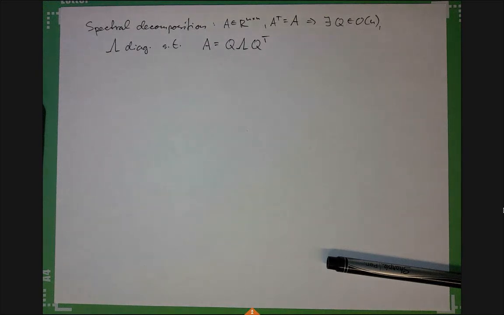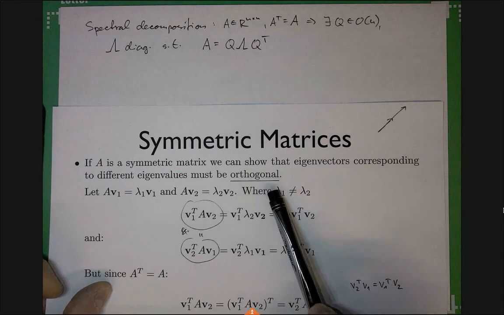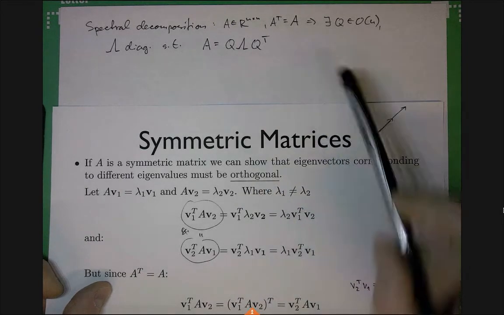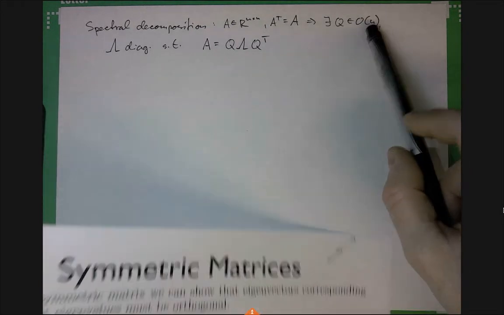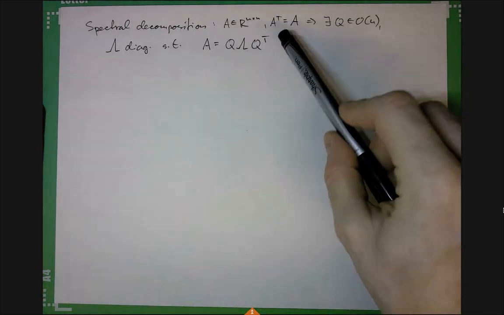But by the previous theorem, because it's a symmetric matrix, the eigenvectors will also be orthogonal. So I can write them into an orthogonal matrix. So in the case the eigenvalues are all different, we have a proof of this.